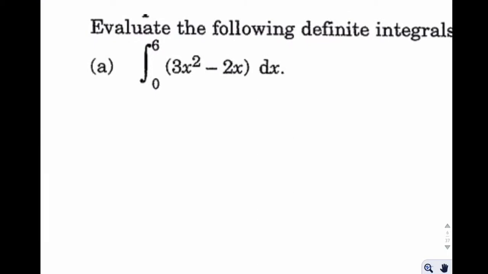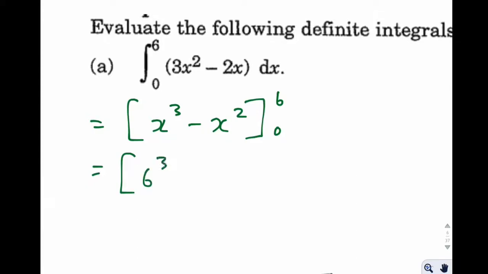Let's apply this now to a few definite integrals. Really simple. Here we're going to actually do the integration and substitute in 6 and 0. The equivalent of this question is, what is the area under this curve between 6 and 0? So here's a definite integral. The integral is 3x cubed over 3, so that's just x cubed. The integral of 2x is just x squared. We write these square brackets, and so that's between 6 and 0.